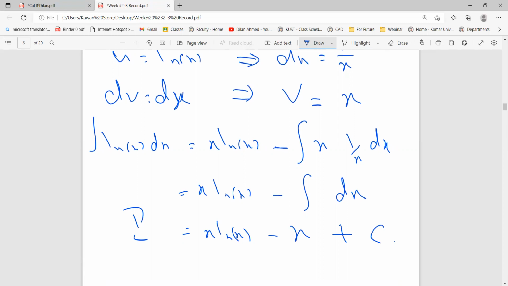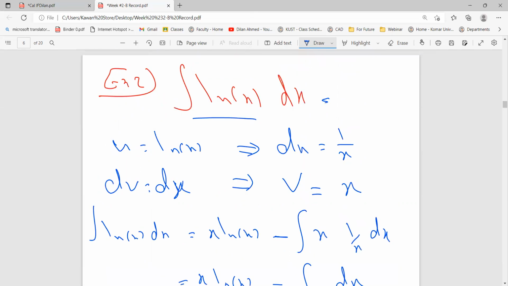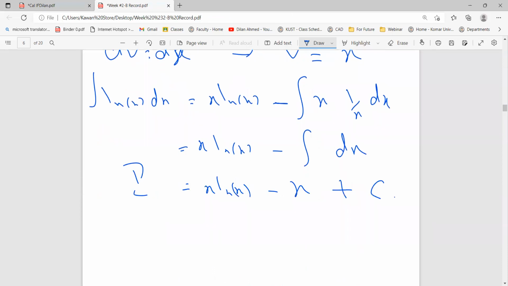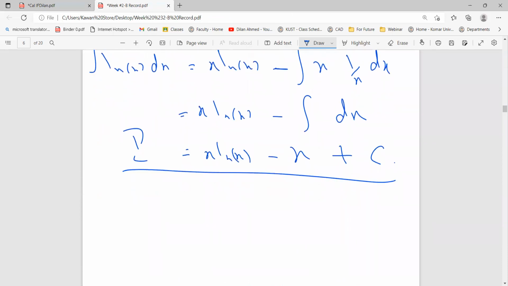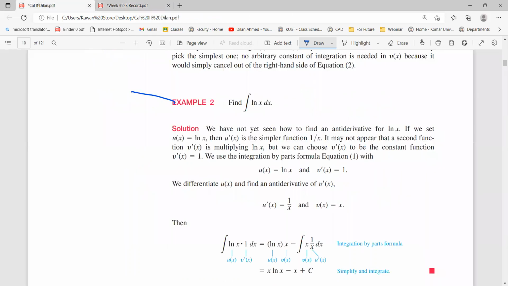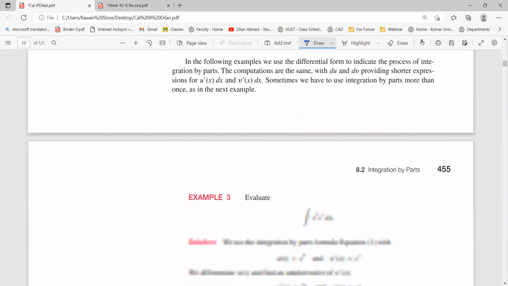So it's solved. None of the previous methods or formulas can solve ln for me, and the special thing is that we have only one function instead of two. Understood? Today, all examples are around u dv.